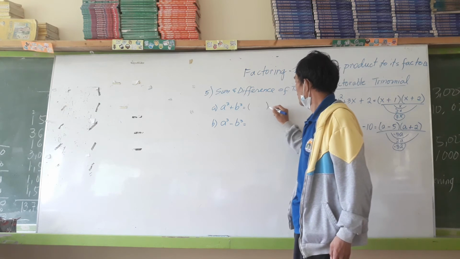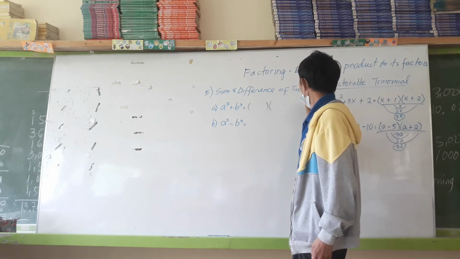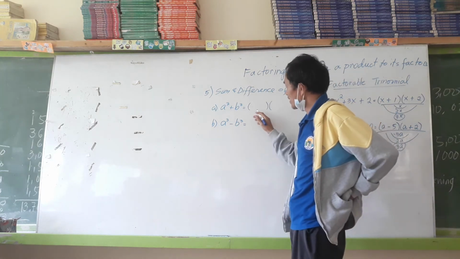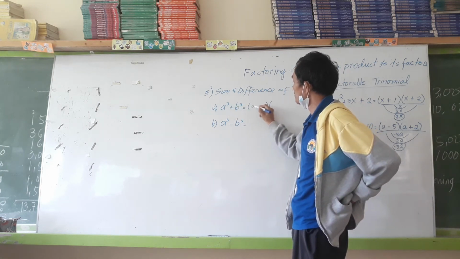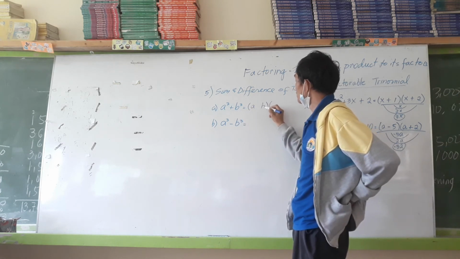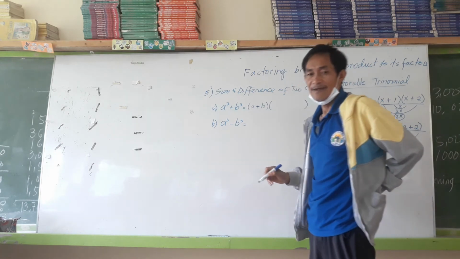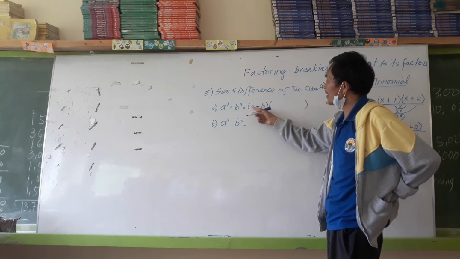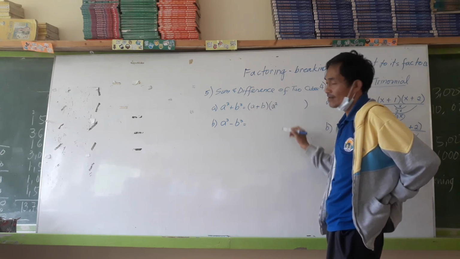two factors. You have one binomial factor and one trinomial factor. How are you going to get the binomial factor? Get the cube root of the first term, that is a cubed, that is a. Cube root of the second term, that is b. Follow the sign of operation, that is plus. Then, to get the trinomial factor, you square the first term. So, a squared.